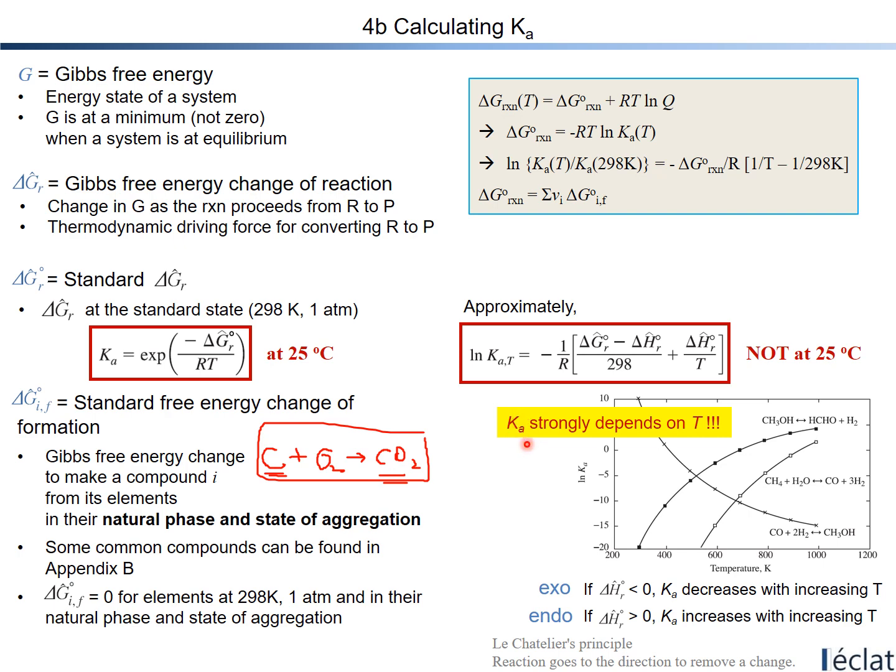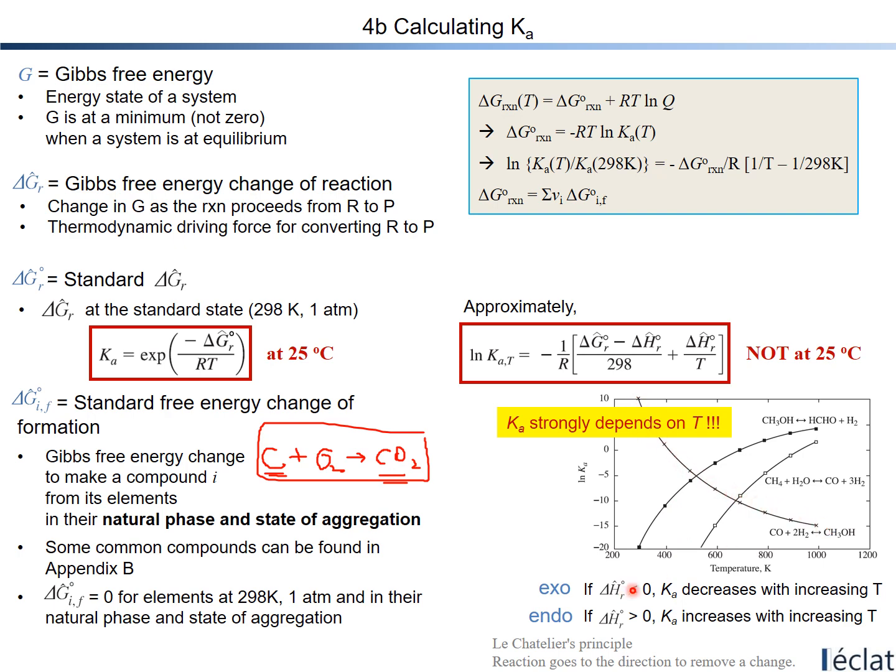The equilibrium constant of activity strongly depends on temperature. Look at that. The x-axis is the temperature, the y-axis is ln K. So sometimes Ka is going up, sometimes Ka is going down. If delta H, I mean the enthalpy of reaction, is less than 0, or I can say if your reaction is exothermic, the equilibrium constant decreases with increasing temperature.